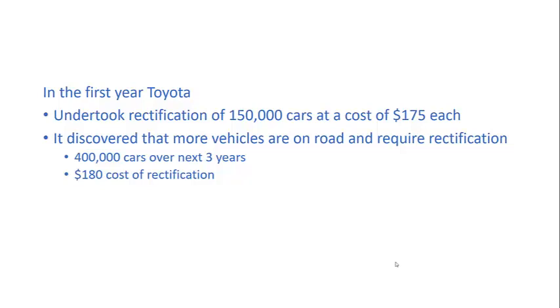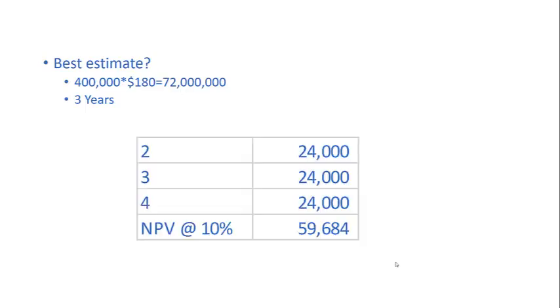It was also discovered that more cars are on road and require rectification, and we now expect 400,000 cars over the next 3 years, and we expect the rectification costs to increase to $180 per car. So once again, we have to work out our best estimate, and our best estimate is now $72 million over 3 years, and so we could calculate what the best estimate of that series of cash flows is.